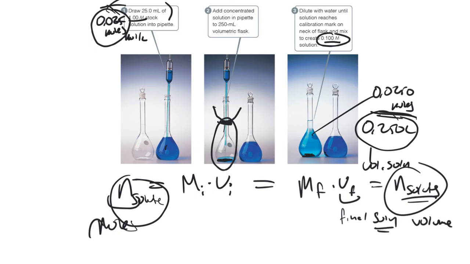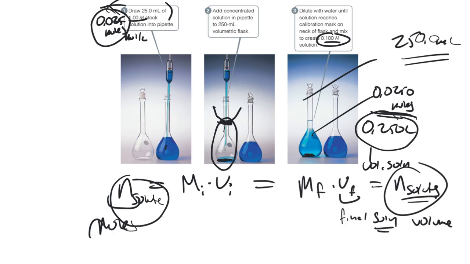It's just making sure that we make it clear that it's the final volume of the solution, not the volume of added water. We added probably 225 mL of water, but it's the 250 milliliters of the total solution that matters at the very end. So what matters at the end is that we're filling this solution to be 250.0 milliliters.